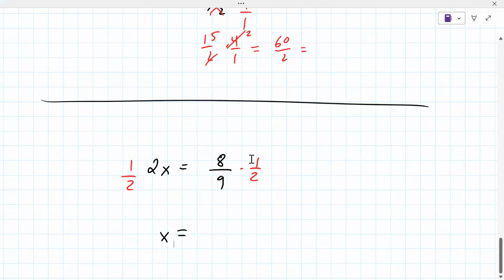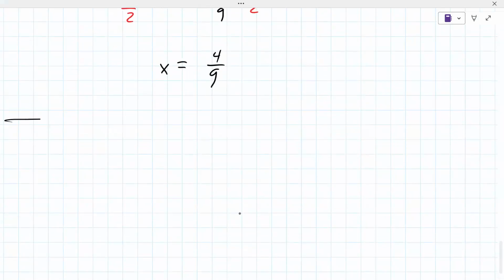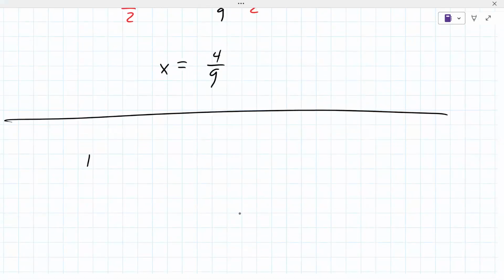What do you see here? What does this become? 4/9. 4/9, good.